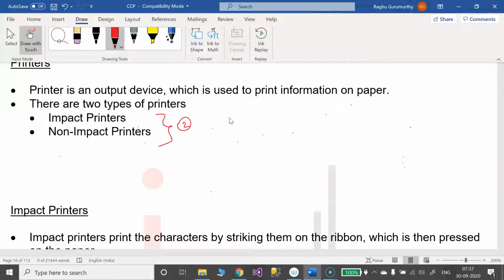What does it actually mean? Impact means there is a close impact between the printer head and paper. Non-impact means there is no physical touch, no physical impact between the paper and the printing head. Got it? This is the printer classification.